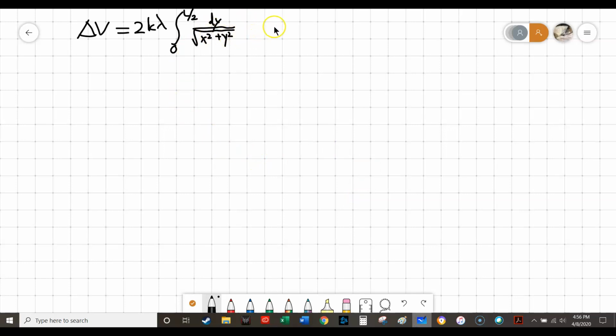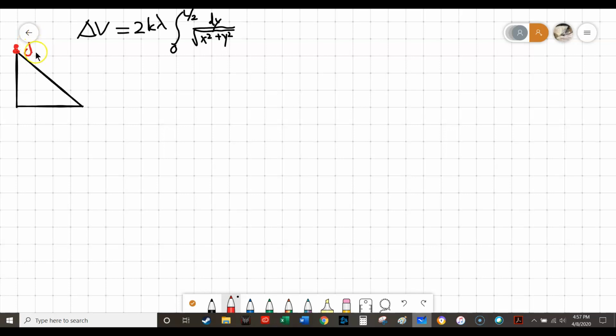So one of the things that we're going to do is define y. Let's go ahead and define the tangent of our triangle, okay? And I'm going to draw our triangle over here. If you remember, I identified a little chunk up here on our wire, and that was our dq.